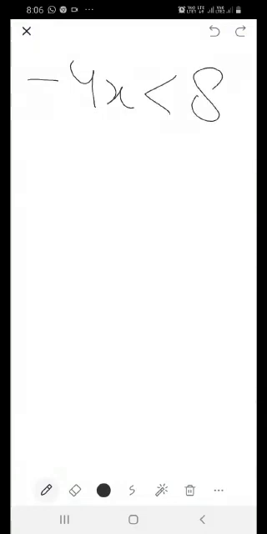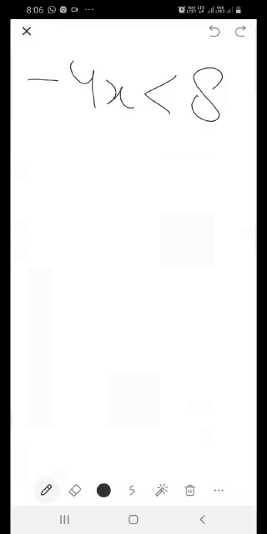Now there are some rules which you have to follow for linear inequations which are different from those of equations. Suppose I give you an inequation as minus 4x is less than 8. In such a case, you cannot transpose minus 4 to the right as it is negative.